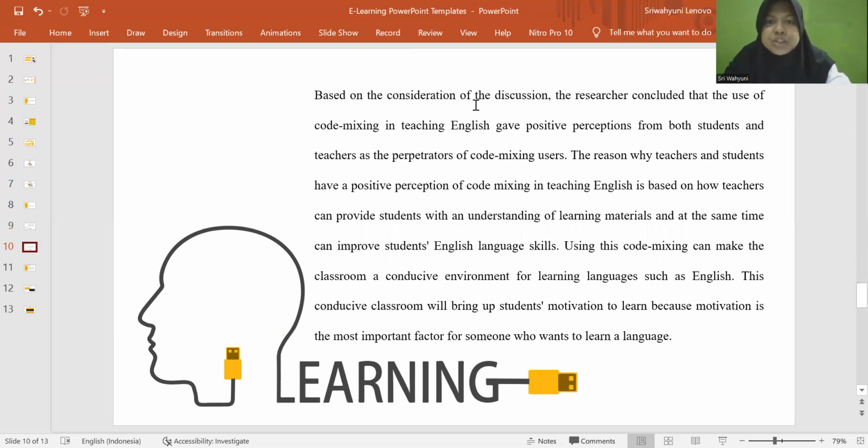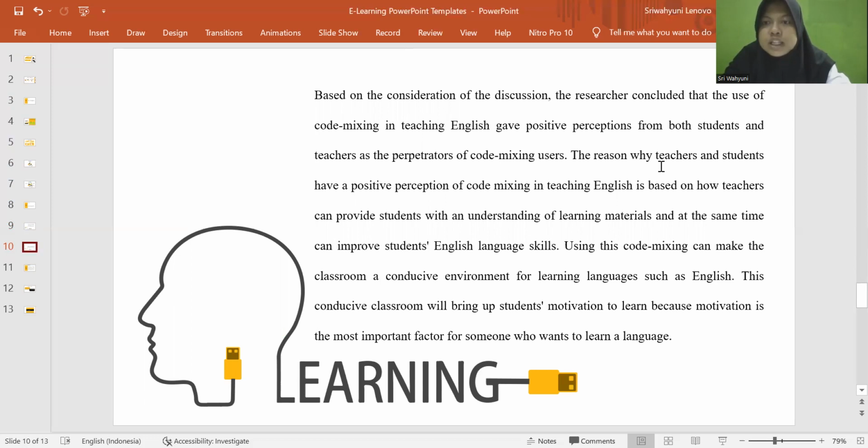Based on consideration of the discussion, the researchers concluded that the use of code mixing in teaching English gave positive reception from both students and teachers as the perpetrators of code mixing users.